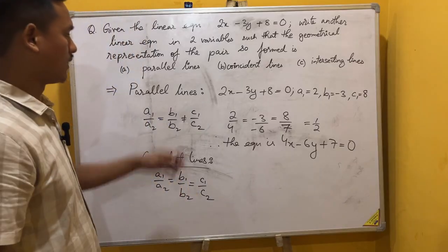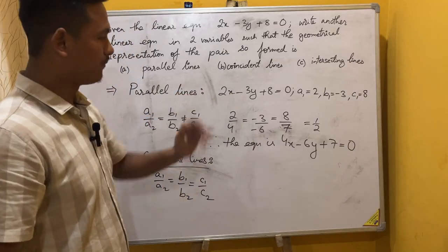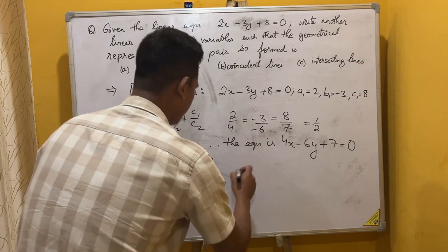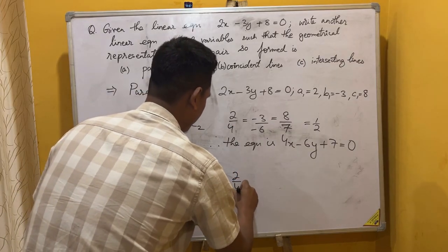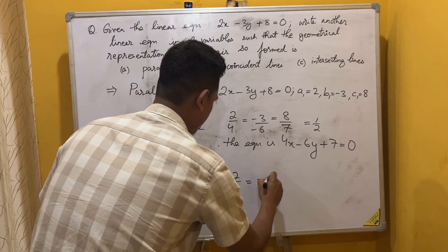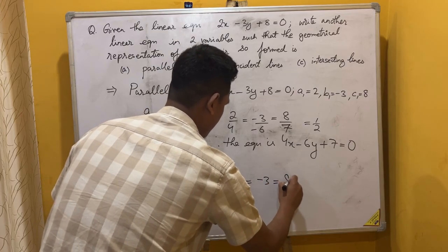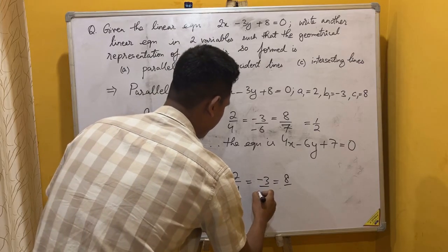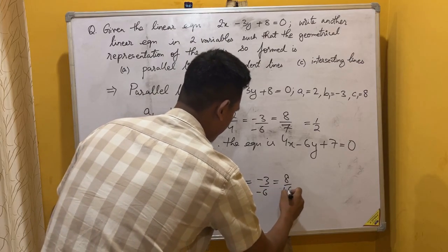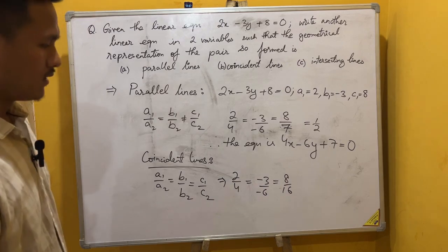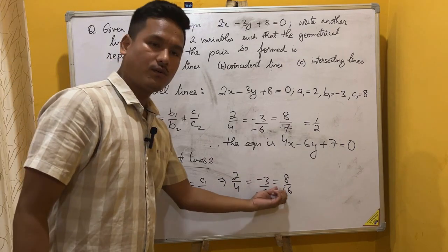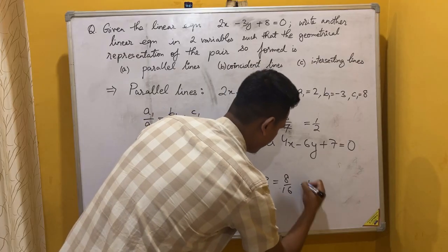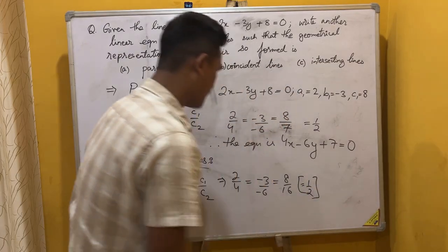So again, you will just multiply by 2 or 3. If I multiply by 2, here each ratio is equal to half, isn't it?